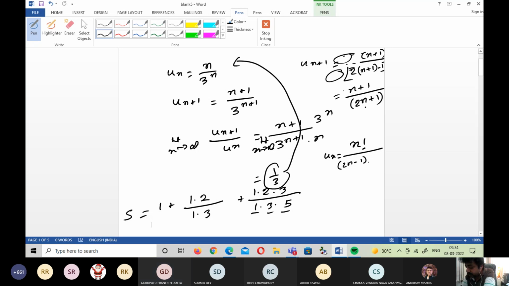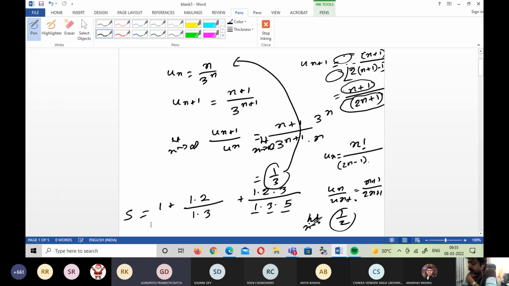Okay, but I am telling about the extra term in u(n+1). Yes, sir. Okay. So what will be the value of un by u(n+1)? All the terms will be cancelled. Only remaining term is (n plus 1) by (2n plus 1). What is the value if limit n tends to infinity? This will give the value half. So this series is convergent.